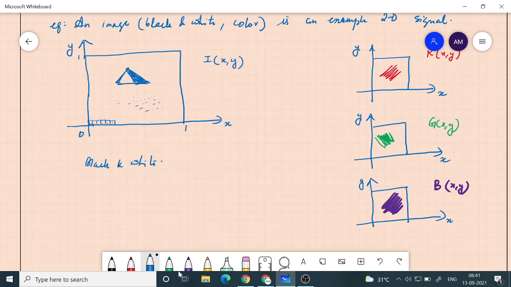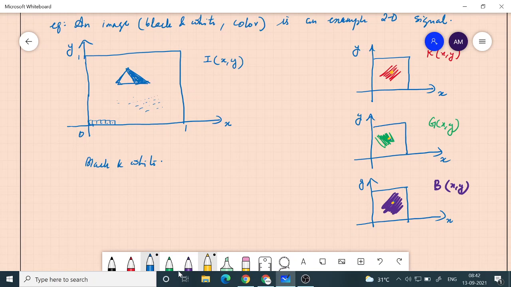Okay, so we have a red intensity, green intensity and blue intensity, and then together they represent a color signal. So at each point x and y, for example, if I consider this point, okay, so in every picture there is a corresponding point. This is a particular x and y, and what will be the color there is determined by a combination of the R value, G value and B value.